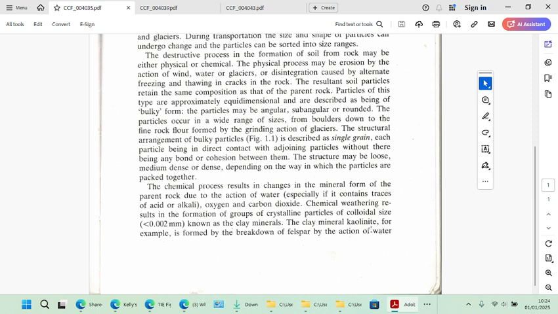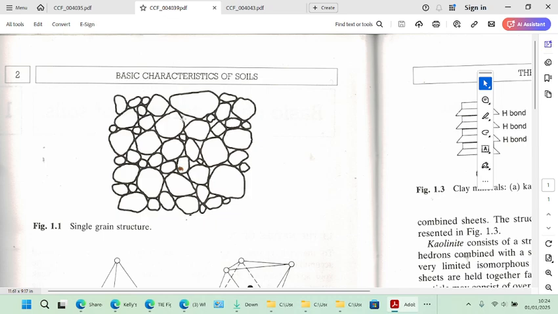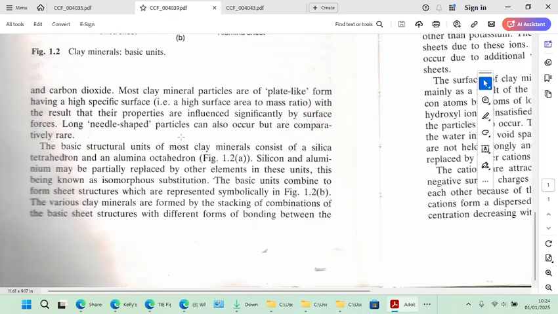The clay mineral kaolinite, for example, is formed by the breakdown of feldspar by the action of water and carbon dioxide. Most clay mineral particles are of plate-like form, having a high specific surface, i.e. a high surface area to mass ratio, with the result that their properties are influenced significantly by surface forces.